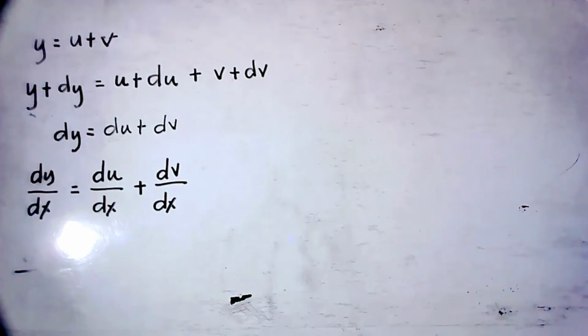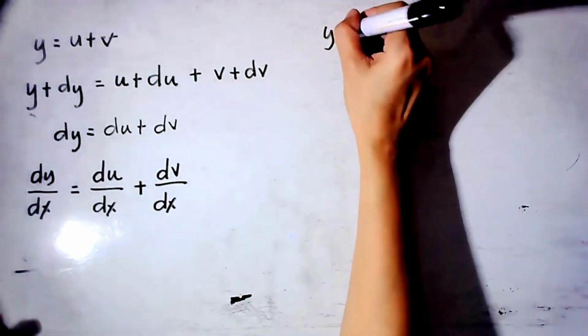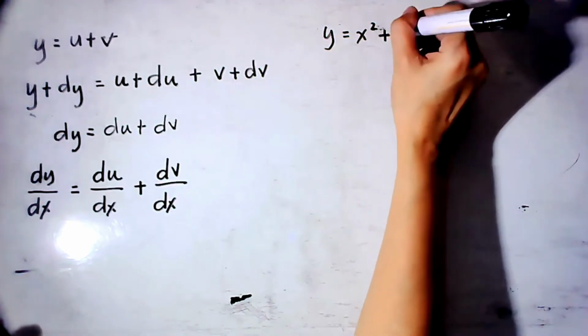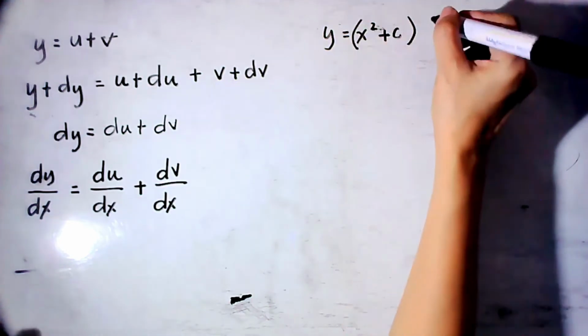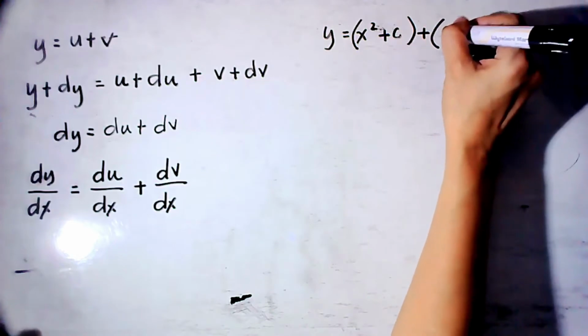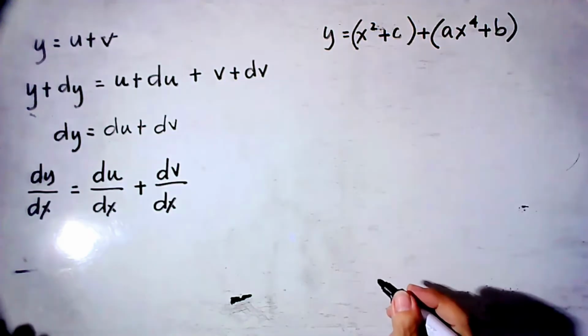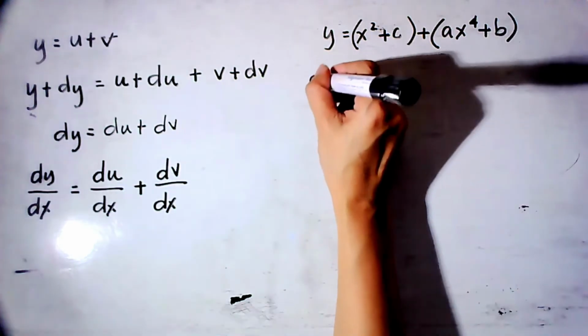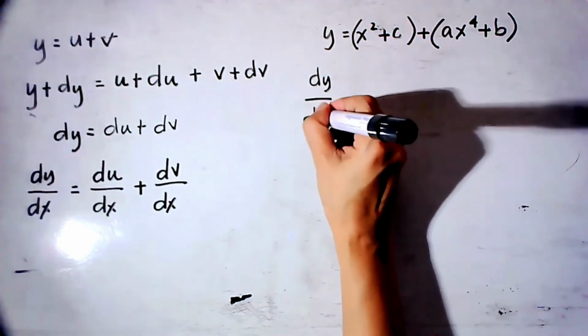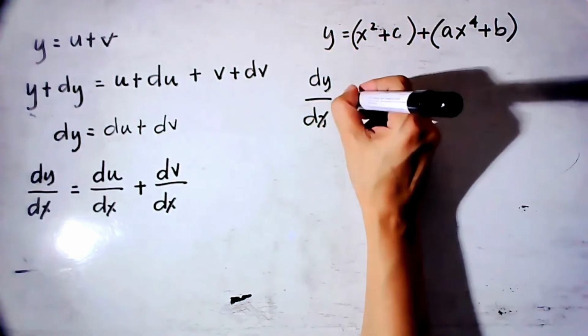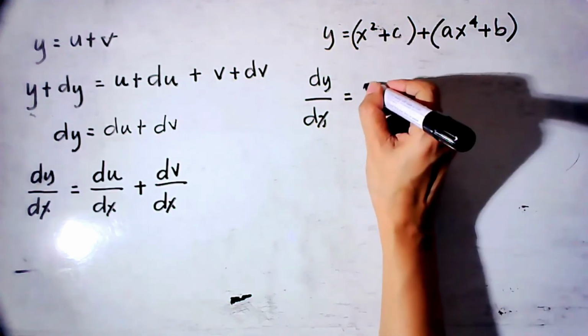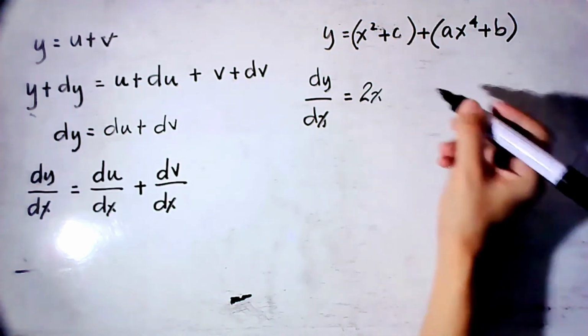So if we are given an example, let's say y equals x squared plus c plus ax to the fourth plus b, and you would want to determine dy over dx. That is simply equal to the derivative of x squared, which is 2x.